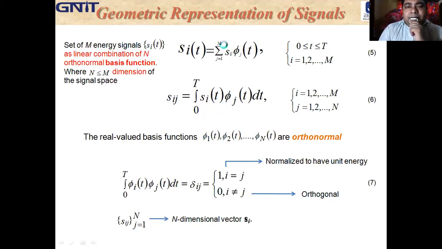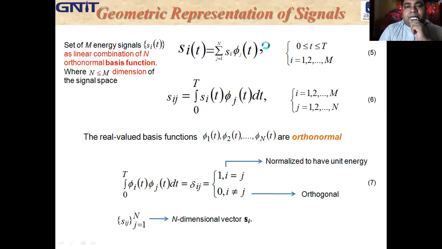The real valued basis functions phi 1(t), phi 2(t), say phi N(t), are basically orthonormal. Orthonormal means it should satisfy two properties: one is normalized to have unit energy, and the other is orthogonality.